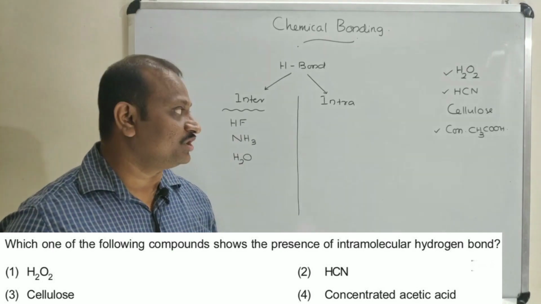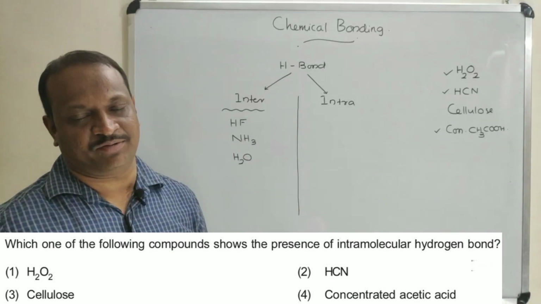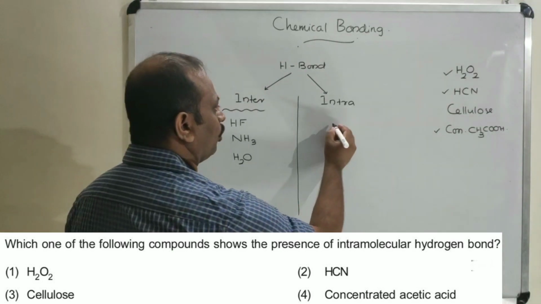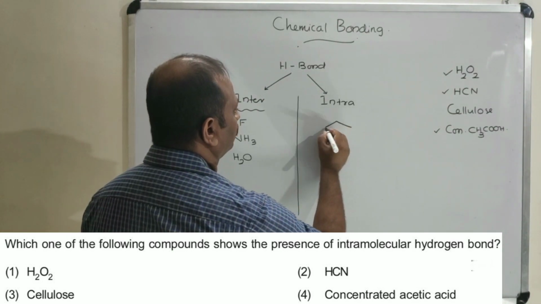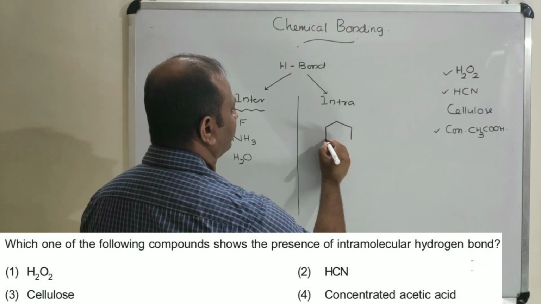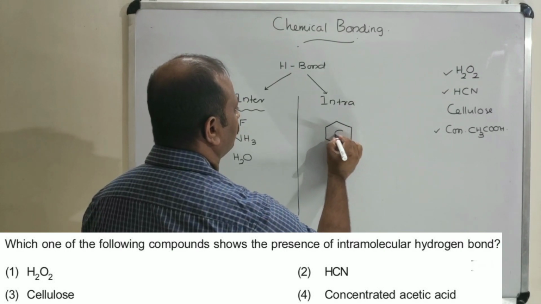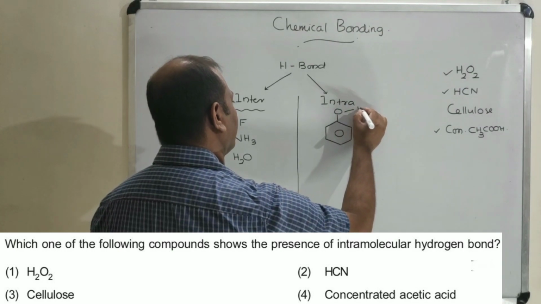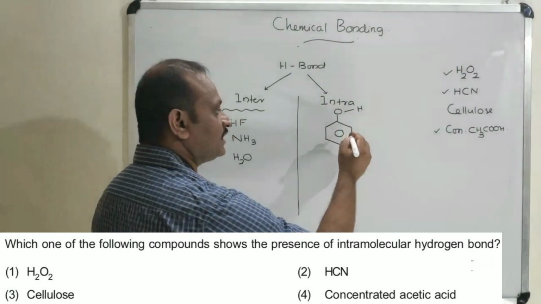But if we talk about intramolecular hydrogen bonding, one of the most common examples is orthonitrophenol. See, I'm just drawing the structure of orthonitrophenol. We have an oxygen atom and here H, phenol.